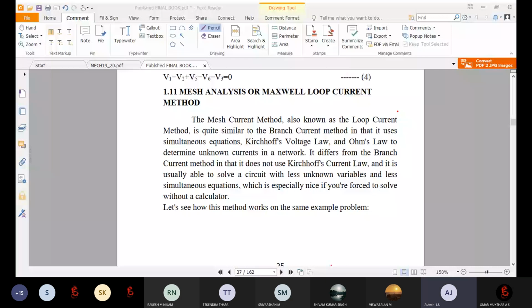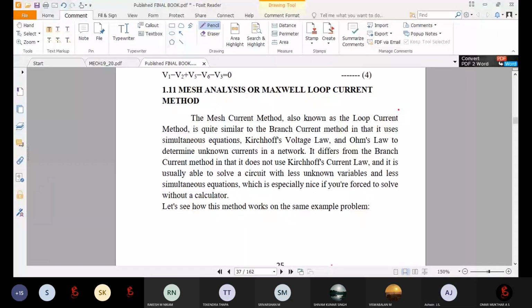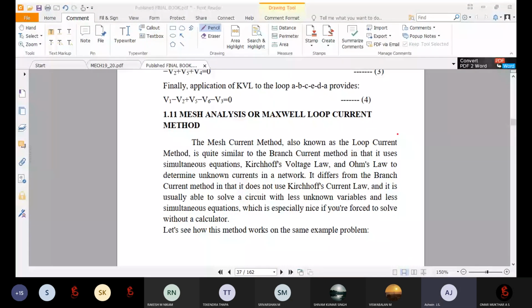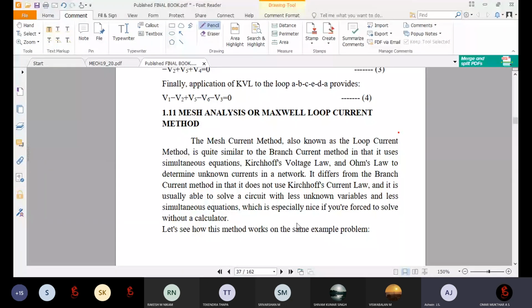Okay, so Benjamin, I cannot hear you. Yes, sir. Benjamin, who talked right now? Sir, Benjamin only, sir. No, that one is Shivam, sir. Shivam Kumar. Okay, now the voice is clear, right? What about the screen? Yes, sir, it is visible.